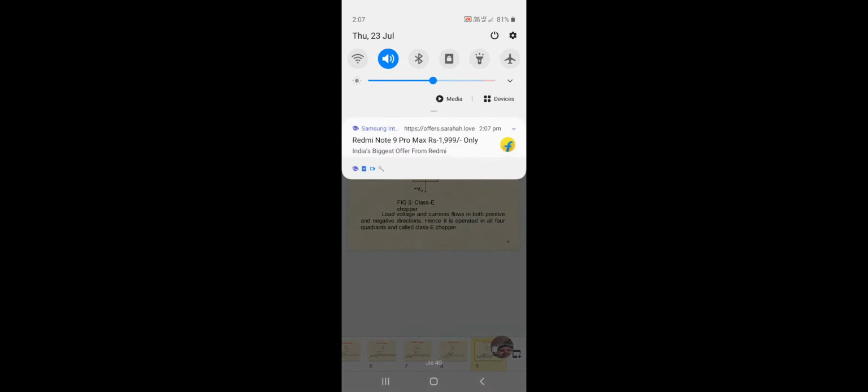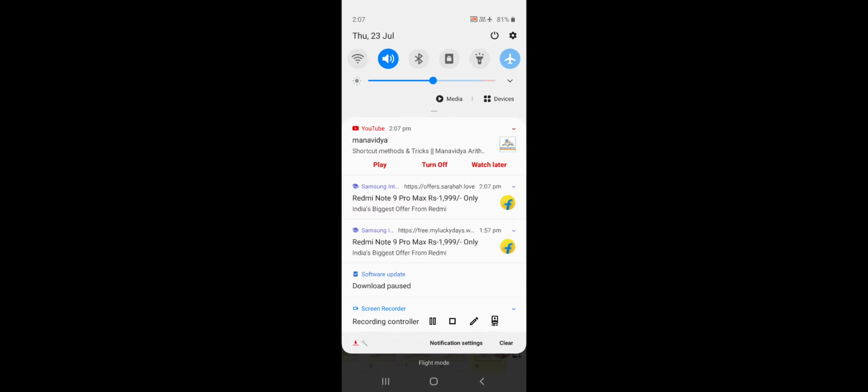This type of chopper is called a class E chopper, and it is operated in all four quadrants. So this is the class E chopper.